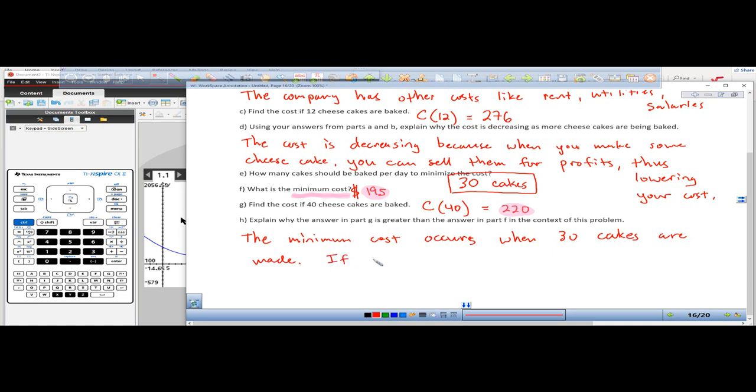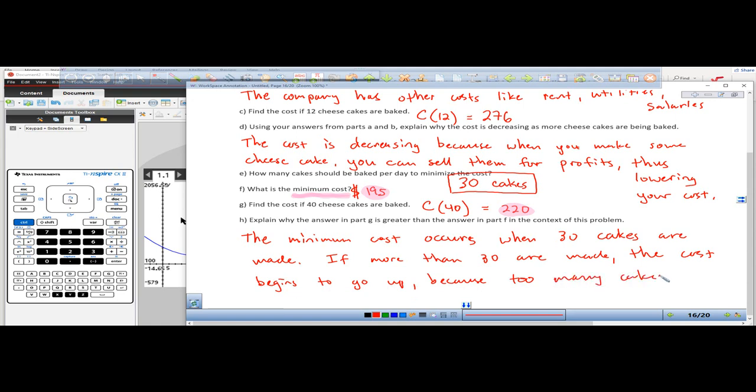If more than 30 are made, the cost begins to go up because too many cakes are made and can't all be sold.